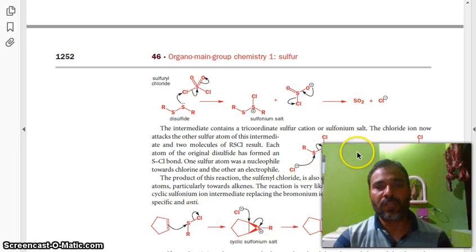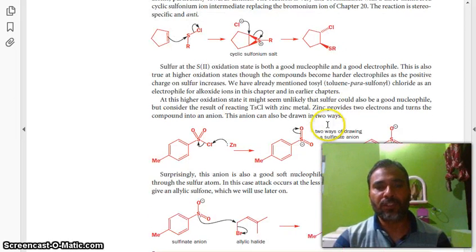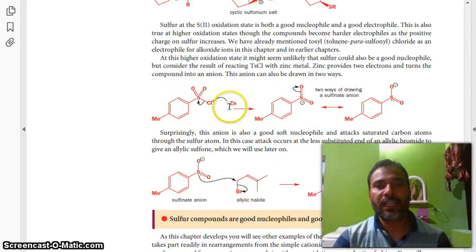You look here, this is a very important example. If you have the double bond, it approaches sulfur, and meanwhile the sulfur chlorine bond will break, forming a cyclic sulfonium salt, and after attack by chlorine this bond will break, forming these compounds. Look here, zinc has lone pairs, it attracts this chlorine forming this, and two ways of drawing a sulfinate ion.